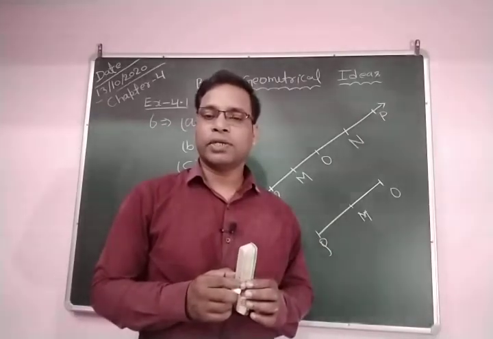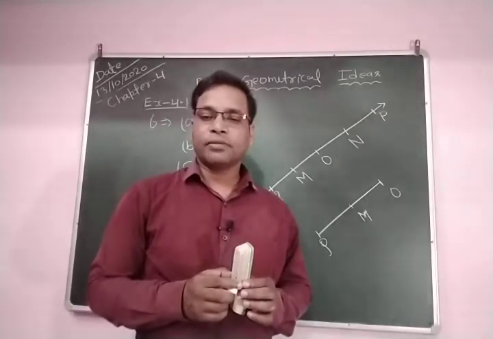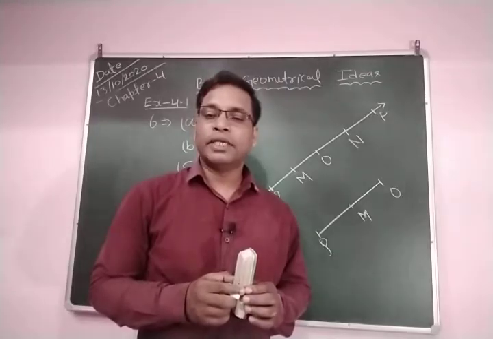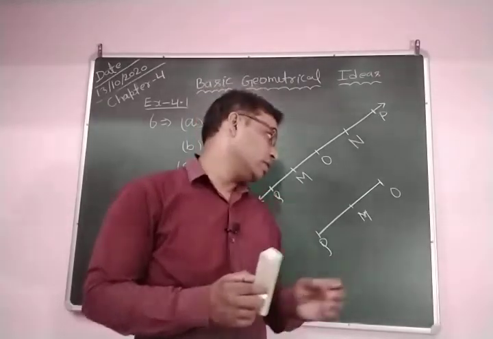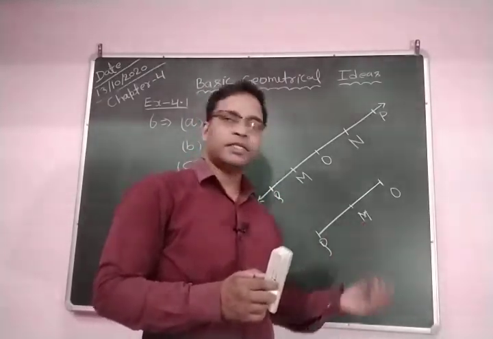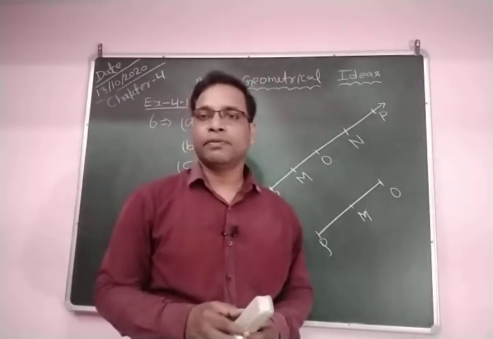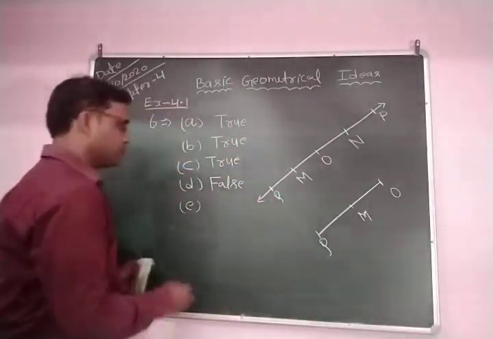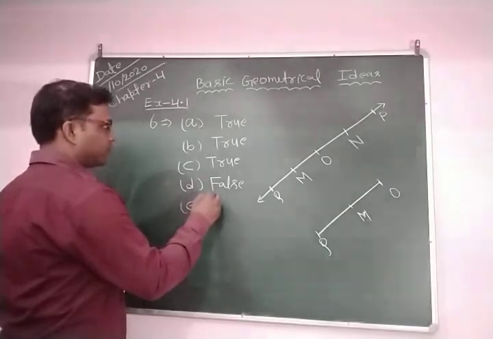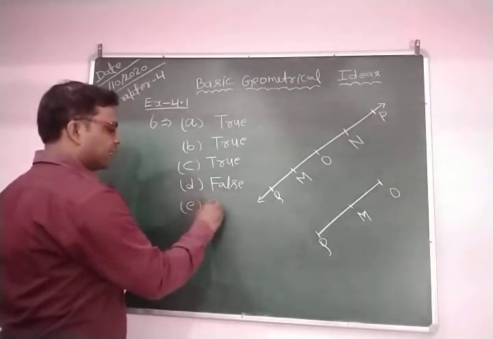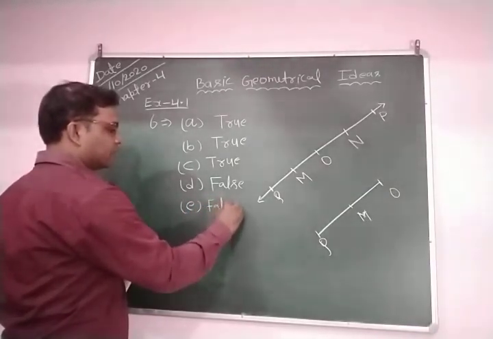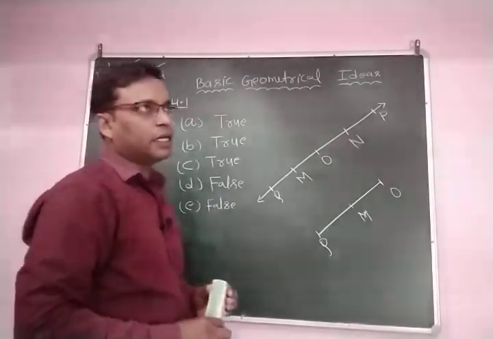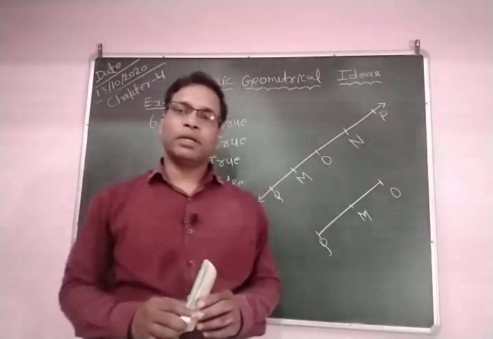But the question told that M is one of the end points of the line segment OQ. So according to these figures, the given statement is false. Okay. So E part of this question 6 is false. That told us M is one end point of line segment OQ.